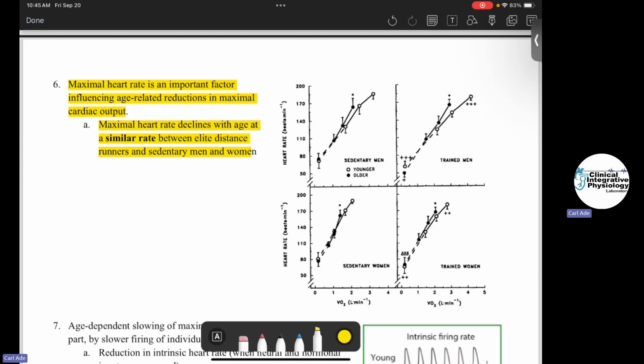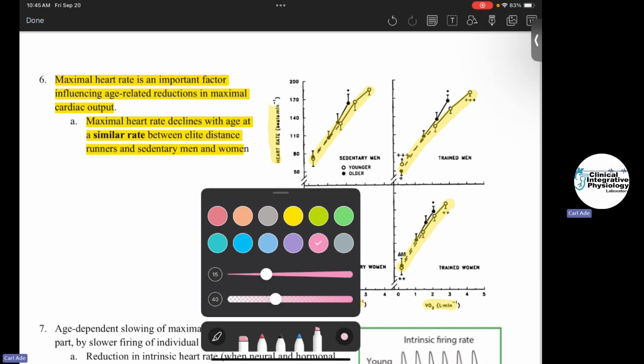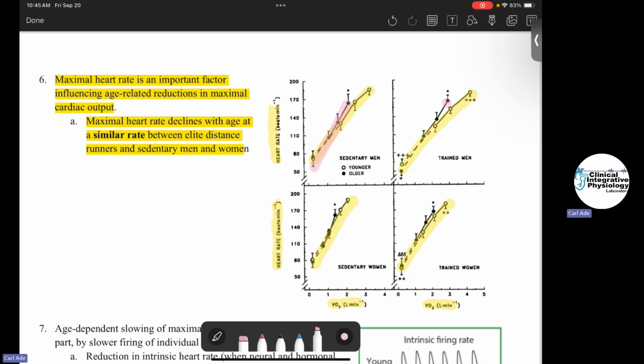So if we look at heart rate as a function of VO2 over here in my right figure, again in sedentary and trained men and women, and younger and older, we see that our younger adults get to a maximal heart rate, while our older adults, regardless of training, do not achieve the same heart rate.